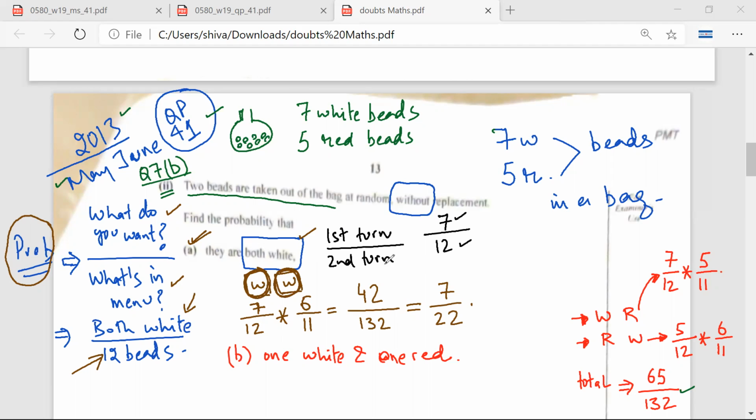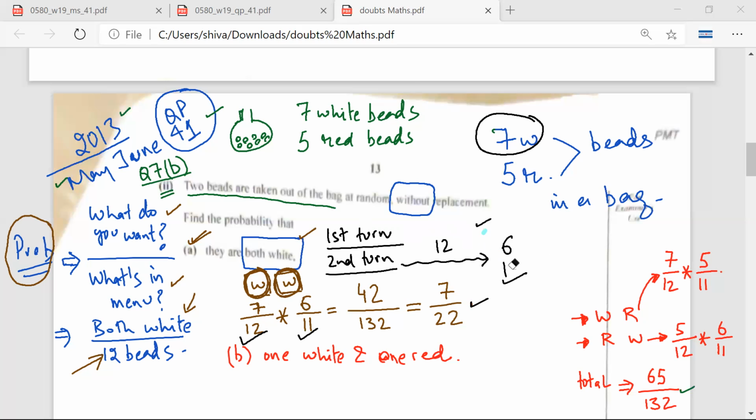In the second term, when I try to pick up the bead from the bag, the 7 white beads have reduced to 6 and the total number has reduced to 11. Mr. Rudra, any doubt? No, sir. So effectively, my probability would be 7 by 12 into 6 by 11. This would be equal to 7 by 22. Mr. Rudra, any doubt? No, sir.